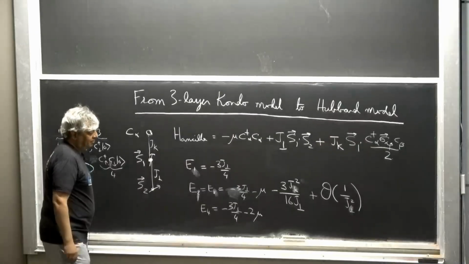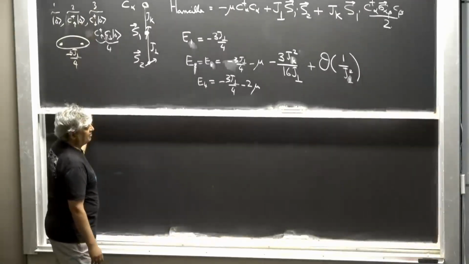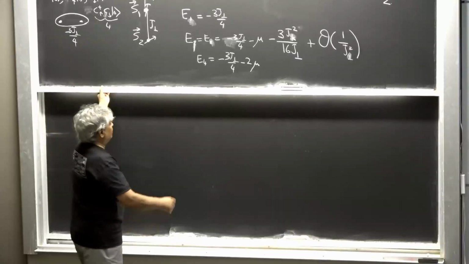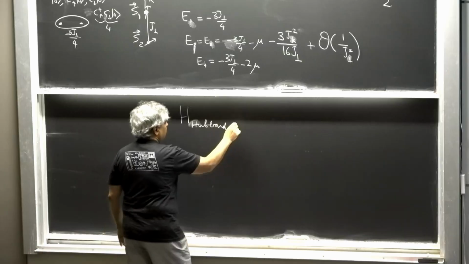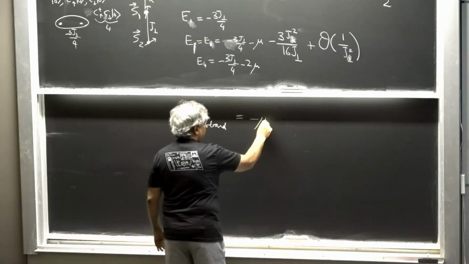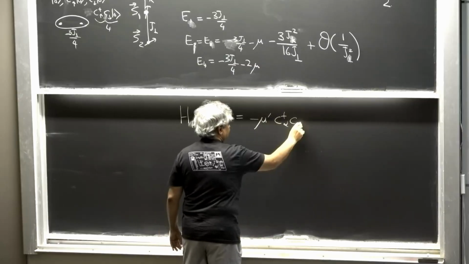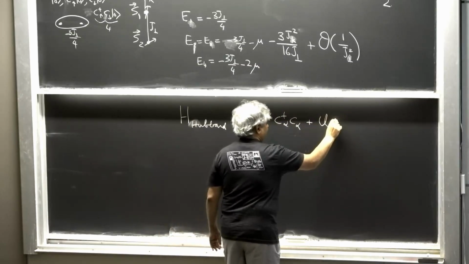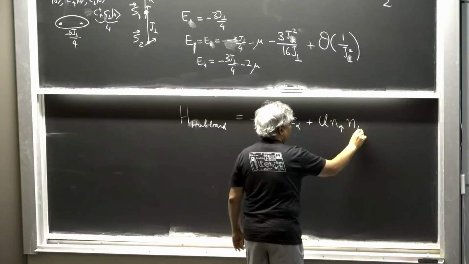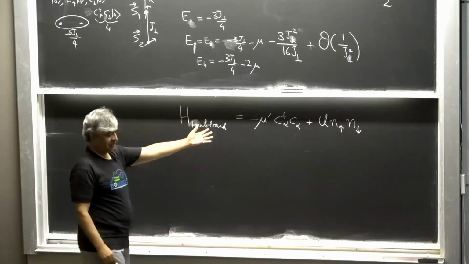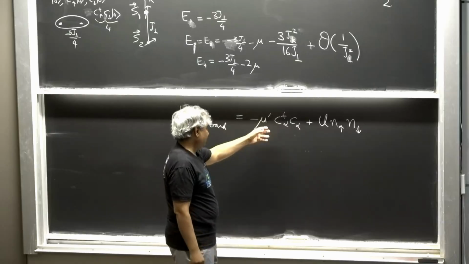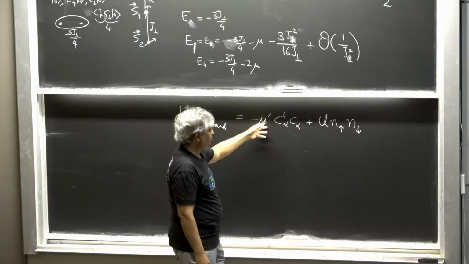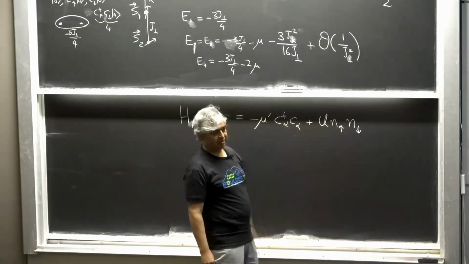And these same energy levels of the Hubbard model, which I'm going to say is minus mu prime C dagger alpha C alpha plus U n up n down. So you, of course, know the energy levels of this Hamiltonian. It's basically number of particles times mu prime plus U only for the doubly occupied site.